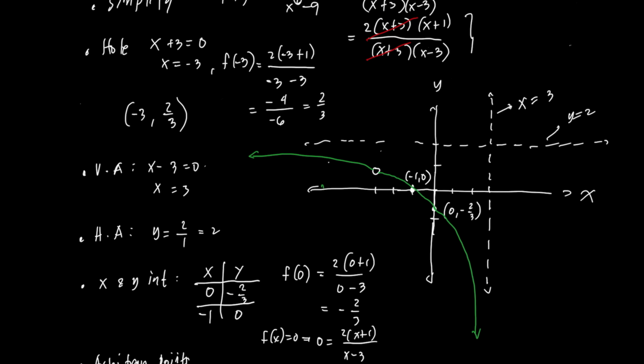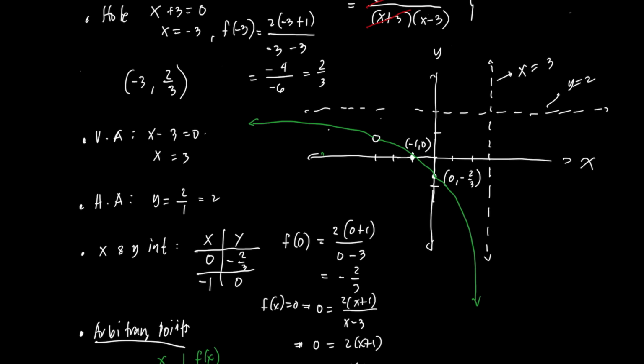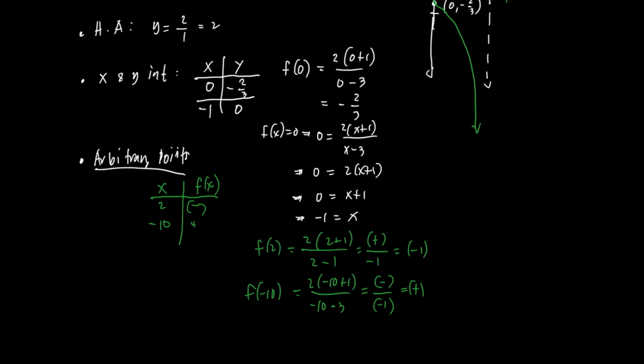Now how about the right side of the vertical asymptote and above the horizontal asymptote? We can use, say, 1, 2, 3. You can use 4.